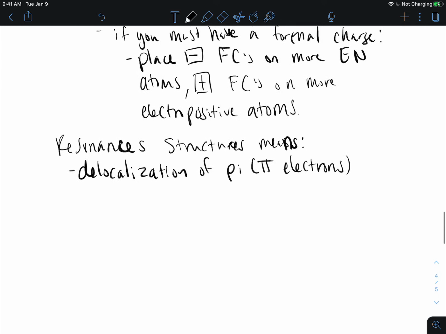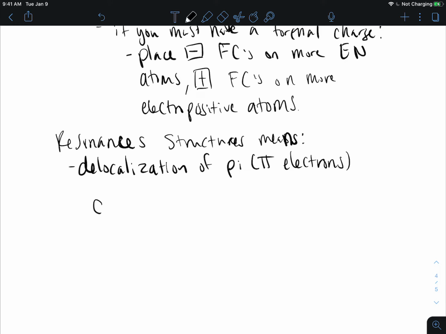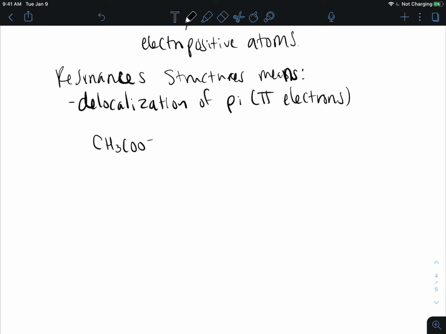Let's think about another example. We can look at the acetate ion, or molecule. So here, we draw our Lewis structure. It looks like this, like so. Or like this.